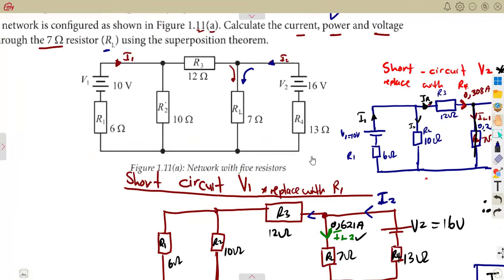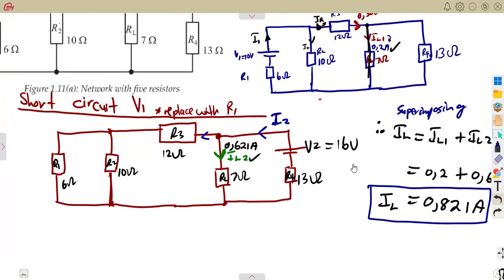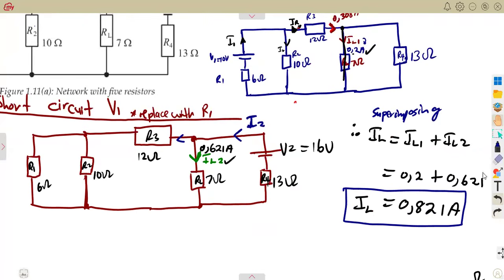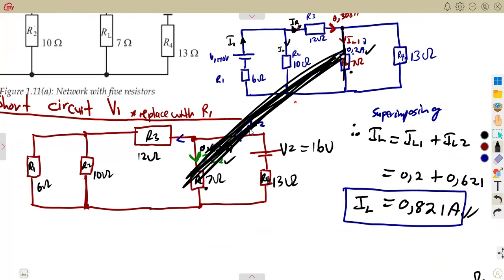So guys, across the load resistor we have got the current, so you can calculate the power. We've got the resistance. Remember, the resistance is 7 ohms. The current is now there. This is the combined current, not these ones, which were separated currents. So we combined them now.